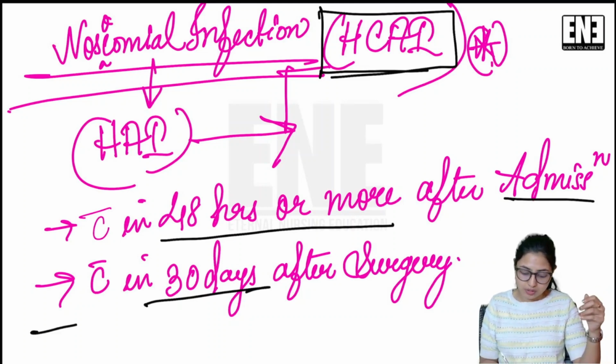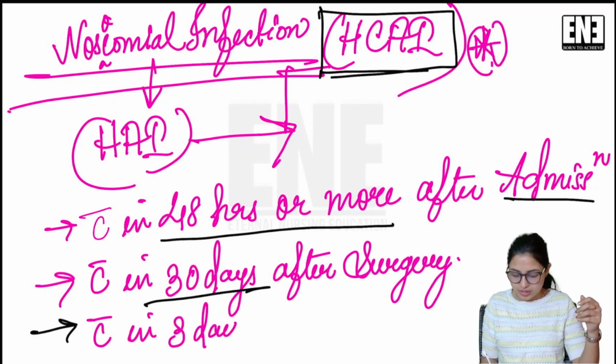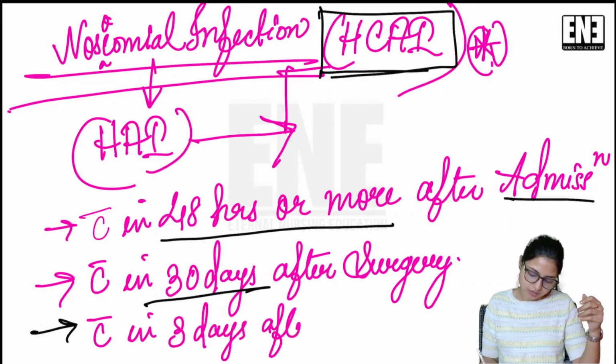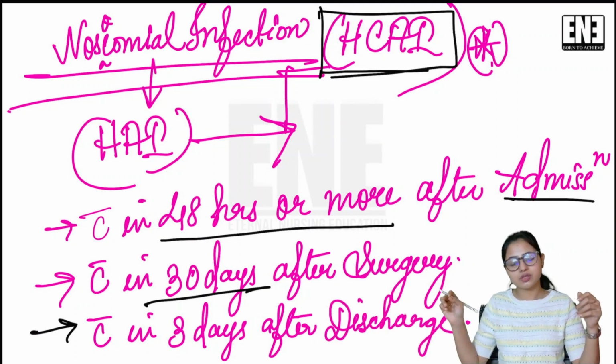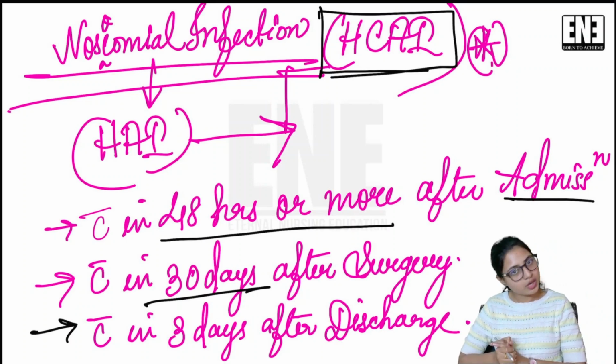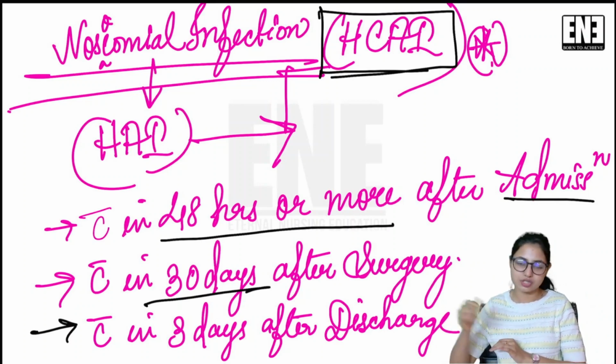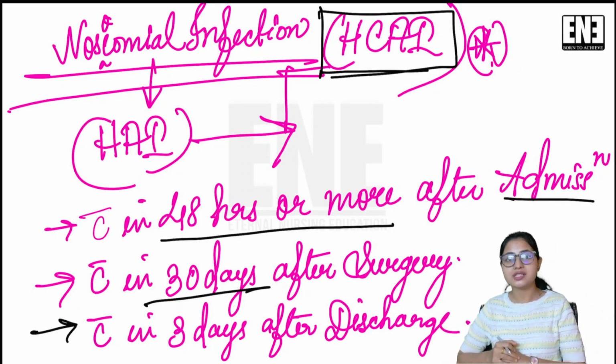एडमिशन की 48 to 72 hours हो, या फिर सर्जरी within 30 days का सर्जरी के duration के बीच में हो, या फिर within 3 days after discharge. You have taken admission, now you are getting discharged. ठीक है, डिस्चार्ज के 72 hours के दौरान, during the 72 hours after discharge, अब डिस्चार्ज हो गए, now you are going to home.